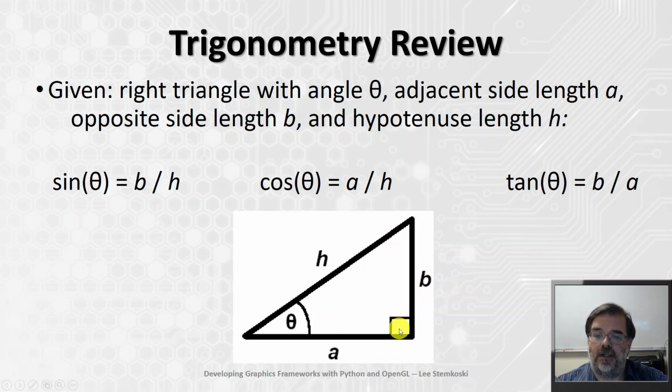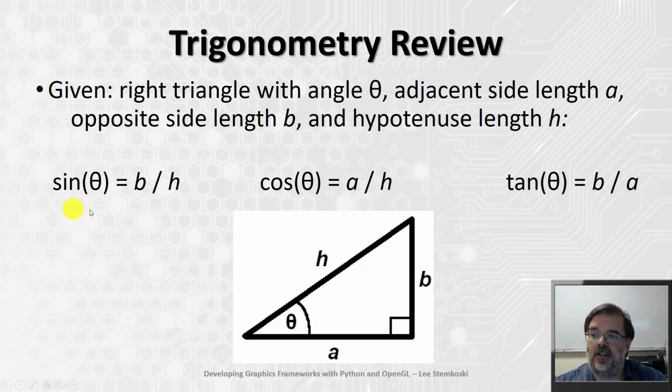So, given a right triangle, and one of the angles, we'll call that theta. The adjacent side to the angle theta, we'll say that has side length a. The side opposite from angle theta, we'll call side length b, and the hypotenuse, we'll call side length h. The sine, cosine, and tangent functions, all the trigonometric functions, are defined as ratios of the side lengths.